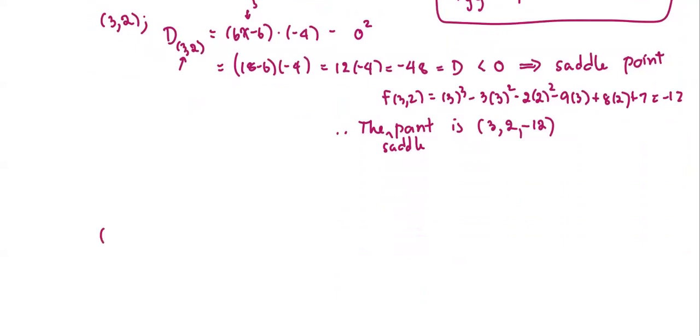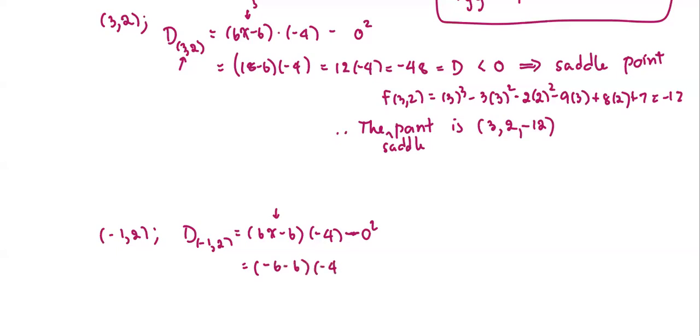The next one, when x is negative 1 and y is 2. The D at (negative 1, 2) is, we just use the same formula, where x is negative 1. So 6 times negative 1 is negative 6, minus 6, and times negative 4, or negative 12 multiplied by negative 4, which turns out to be 48, which is greater than 0.